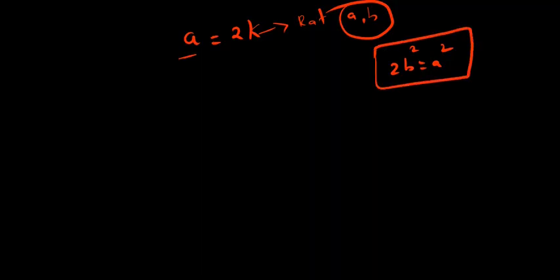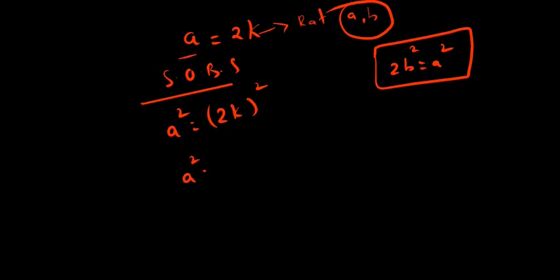By this, a square equal to 2k whole square, that is a square equal to 4k square. So the value of a square is 2b square. 2b square equal to 4k square. 2, 2 cancel. b square equal to 2k square. b square by 2 equal to k square.